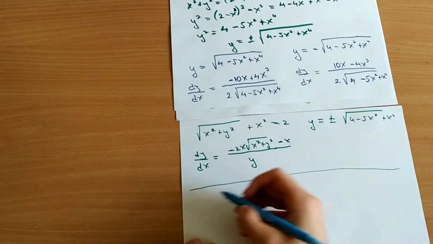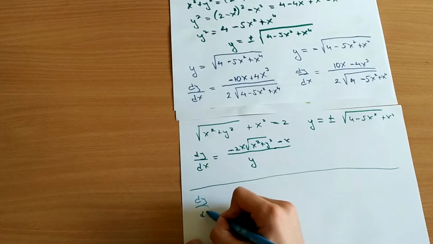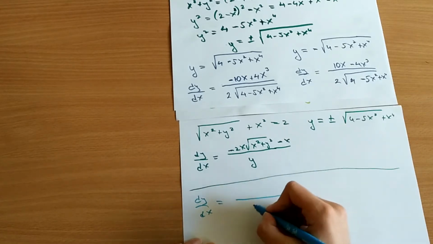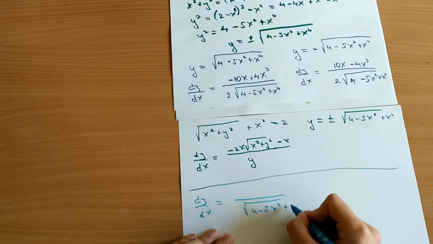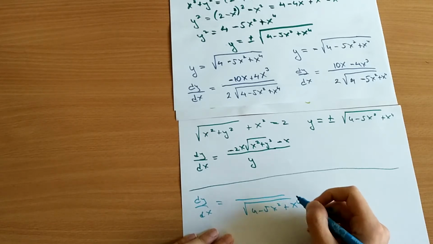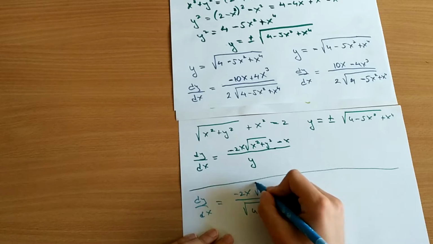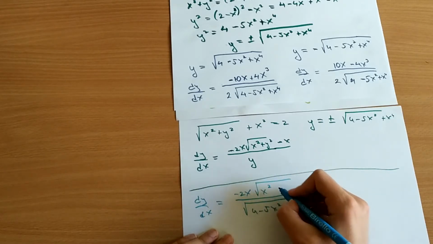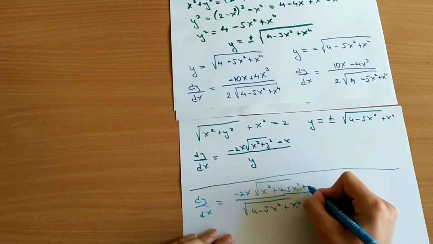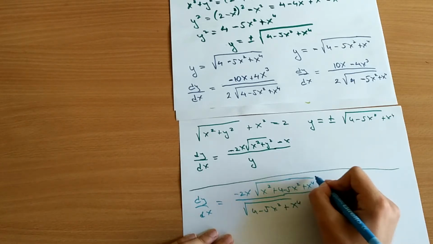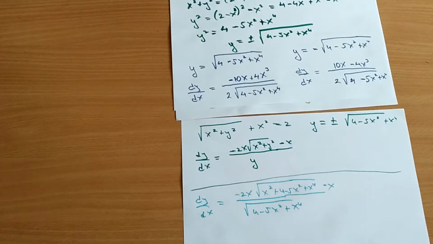So let's just replace y with the positive root, so we'll get 4 minus 5x squared plus x to the 4th power, minus 2x, then x squared plus 4 minus 5x squared plus x to the 4th power, minus x.